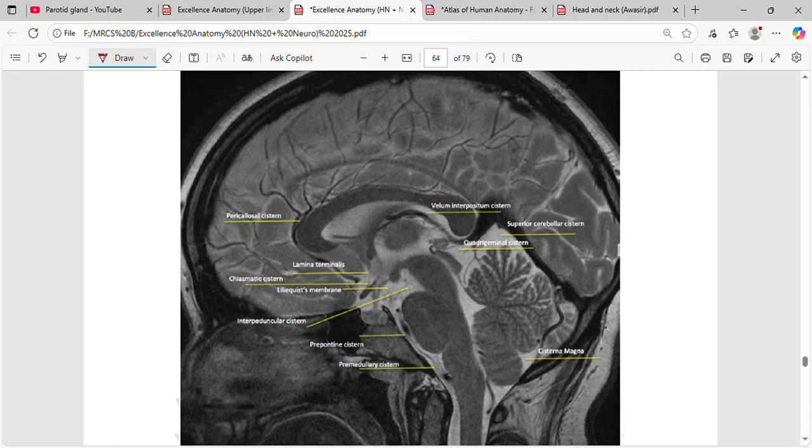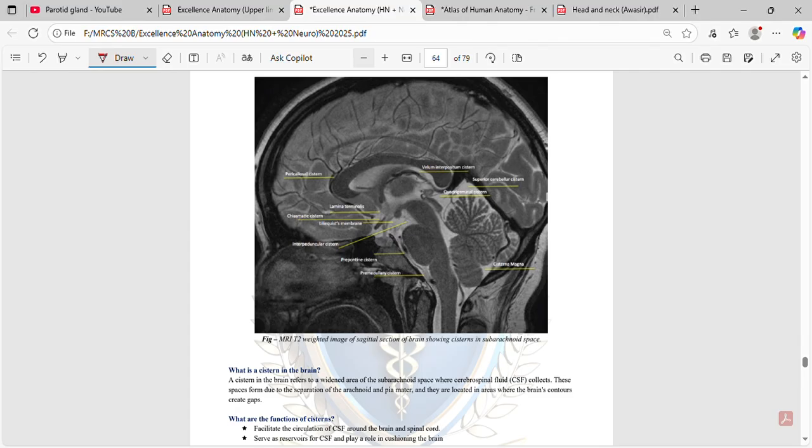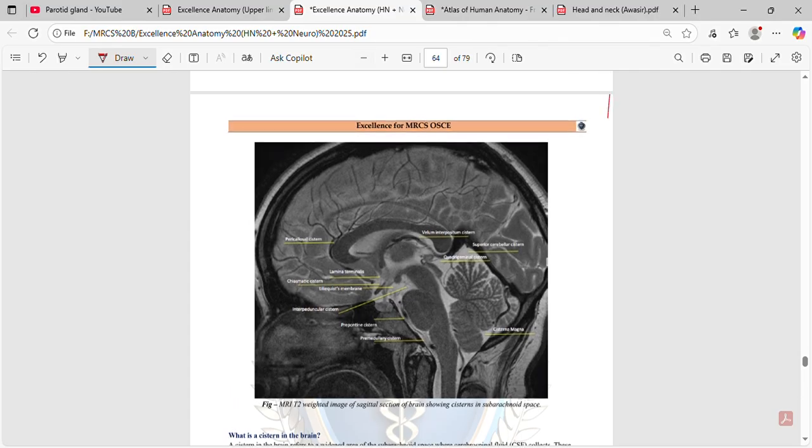So here, look at this diagram. This is very important. We have the cerebral cortex. This is the corpus callosum. Here we have the hypothalamus, and this is the brain stem for sure. We have the cerebellum, and here we have the pituitary, and this one is the chiasma.